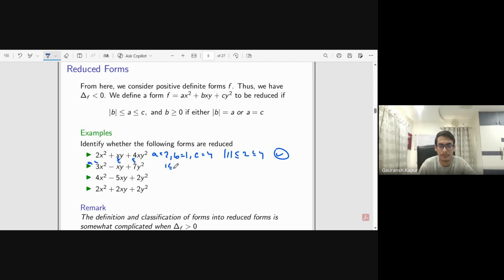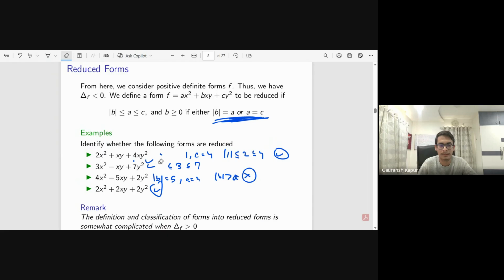Again |b|, which is 1, is less than or equal to a, which is 3, which is less than or equal to c, which is 7. So these two are reduced. This is not reduced because |b| is 5 here and a is 4 here. So |b| is greater than a, and this is not a reduced form. And this form is reduced because it satisfies this condition here. This was just to get you familiar with some examples and the definition of a reduced form.